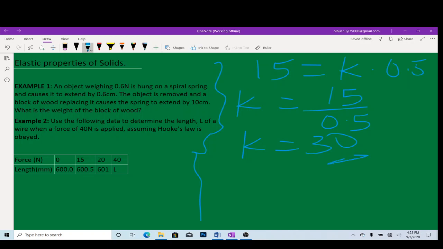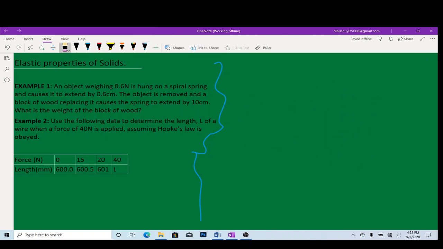Now, having gotten this constant, I can solve for this length by comparing 40 newtons and 20 newtons, then the length minus 601. So here we go. I can now say that my force, which is 40 minus 20, can be equal to K, the constant, open bracket, L minus 601.